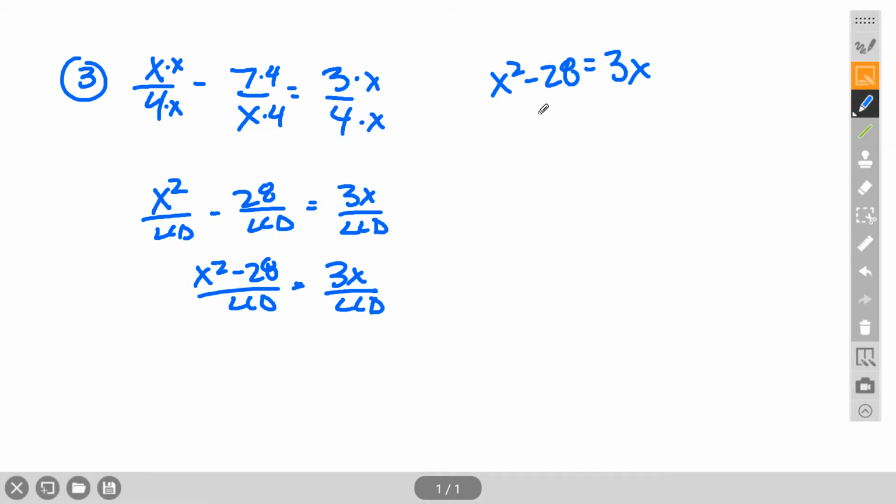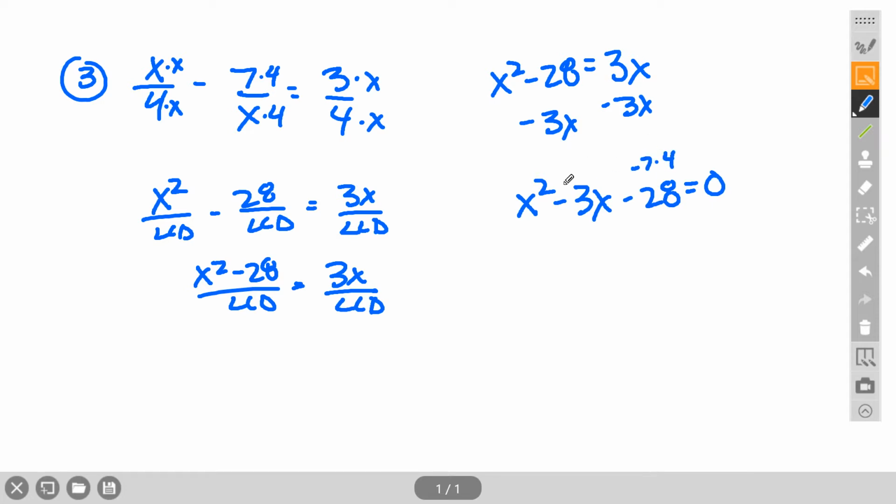Now we solve this equation. This is a quadratic. Okay, so the way that you solve a quadratic, because it has an exponent of 2, is by setting it equal to 0 and then factoring. So we have to move the 3x to the other side by subtracting it. So x squared minus 3x minus 28 is equal to 0. And then we factor this by finding two numbers that multiply to negative 28 and add to negative 3.